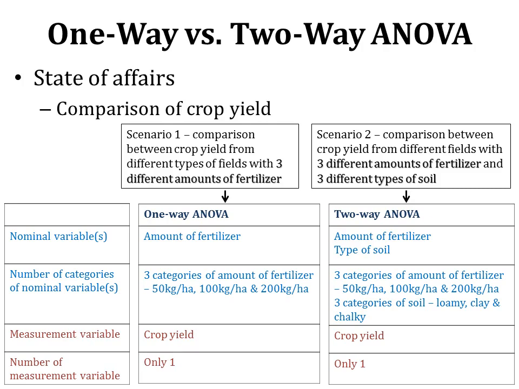And there are 3 categories of the amount of fertilizer: 50 kilograms per hectare, 100 kilograms per hectare, and 200 kilograms per hectare. And we have 3 categories of soil: loamy soil, clay soil, and chalky soil, right? So we are going to apply two-way ANOVA in this case because there are 2 nominal variables. And the measurement variable is only 1, which is crop yield, and this is also our response variable. So I think the difference between the one-way ANOVA and the two-way ANOVA is clear.